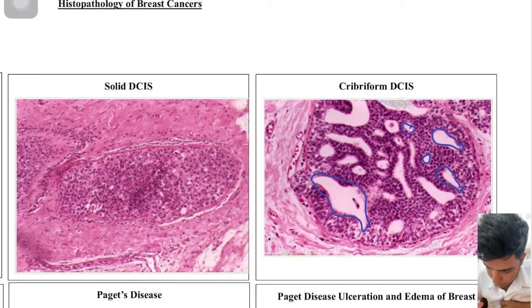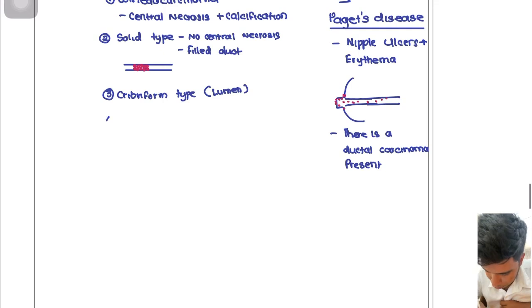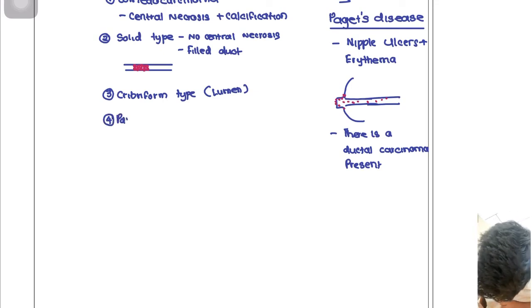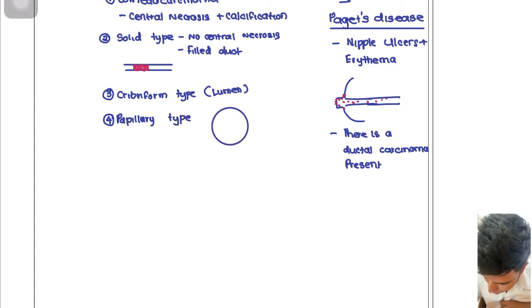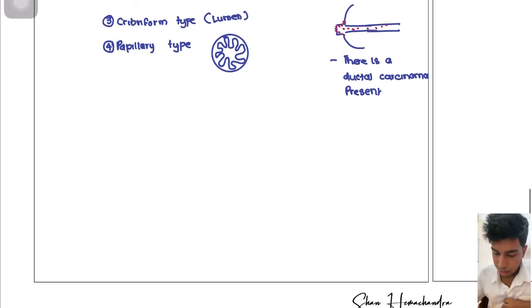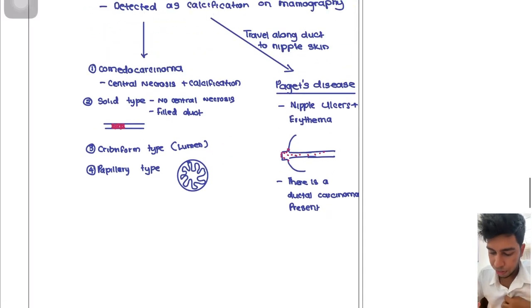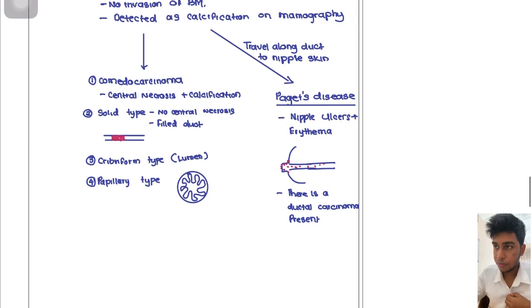Okay, and next we have the papillary type. So here's the lumen. If you look at it, you will see ingrowths, papilla. Okay, that's the 4 types of ductal carcinoma in situ.